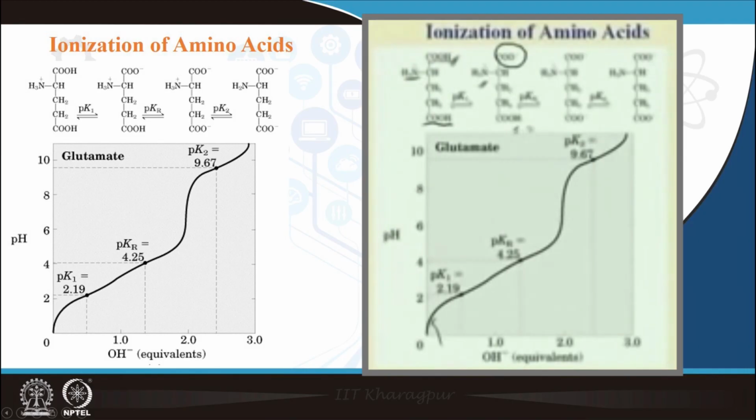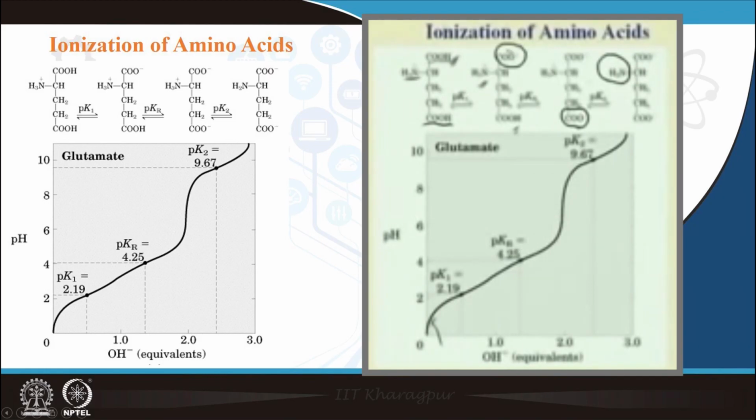So as I go on further with my OH minus addition, my titration, the next easiest one to be removed is the side chain one, right? Now I keep on going. Now what is going to happen is I have to lose the last proton that is left, that is here, the amine group.